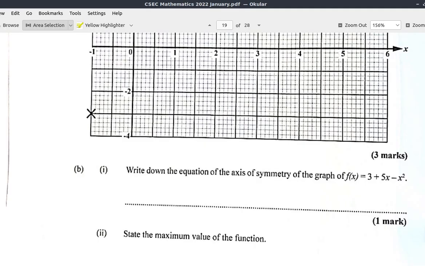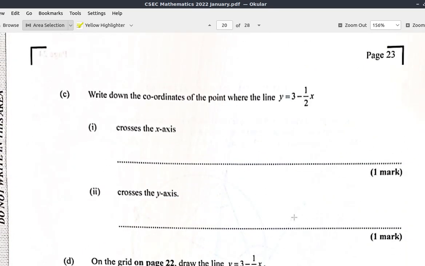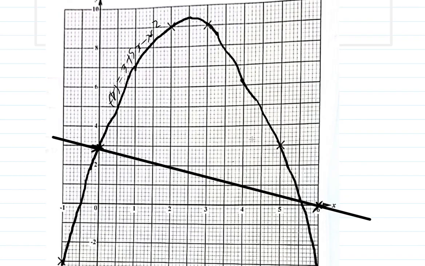And the line here was what again? 3 minus half x. It says y equals, so I just use y equals 3 minus half x. Good.